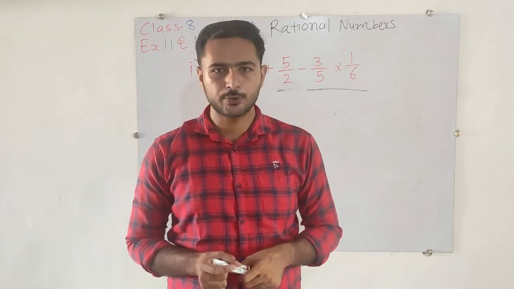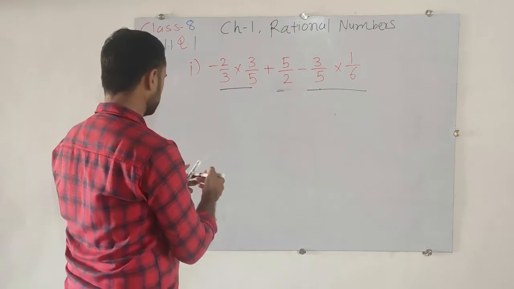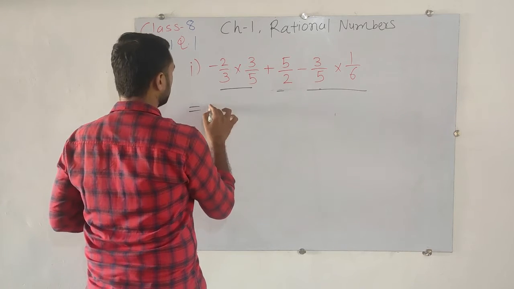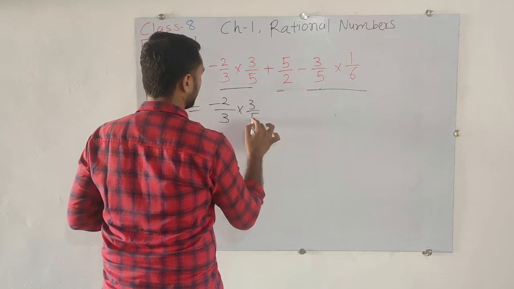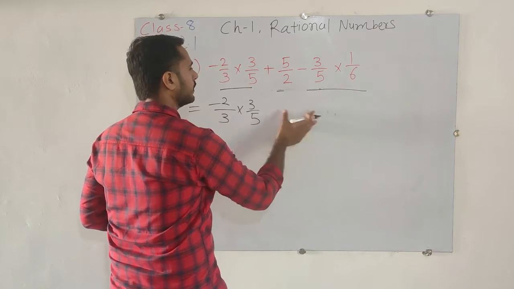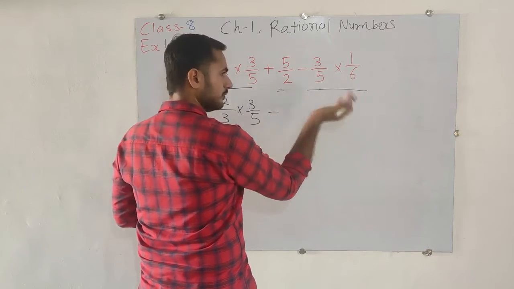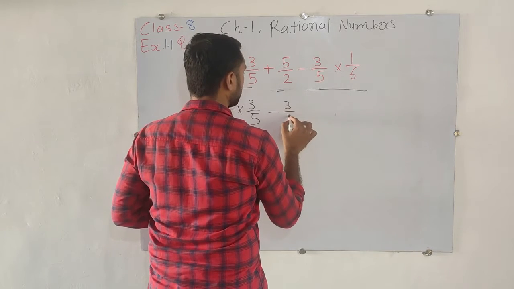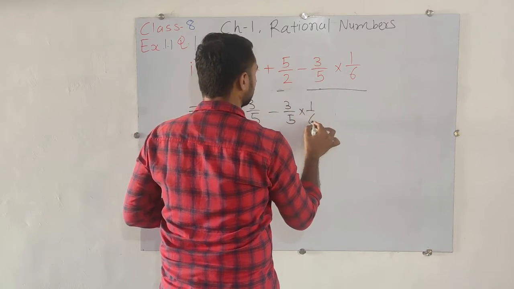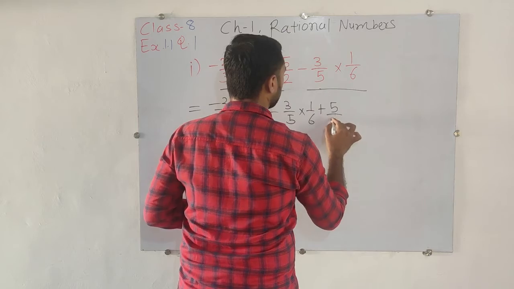That is commutative. So we are going to use the commutative property. The first term will be as it is, multiplied by 3 by 5. Now I write down the third term, and then the second term at last. So that is minus 3 by 5 multiplied by 1 by 6 and plus 5 by 2.